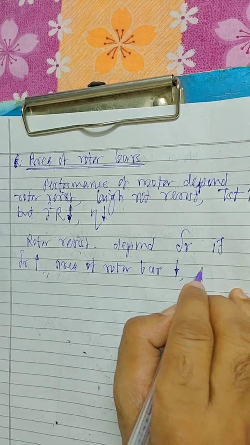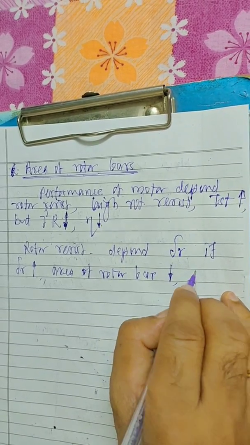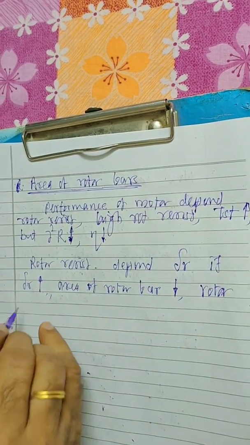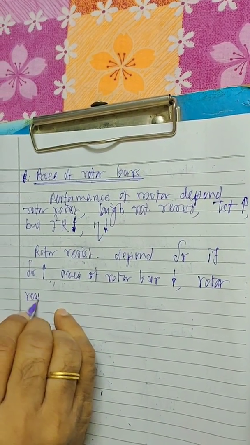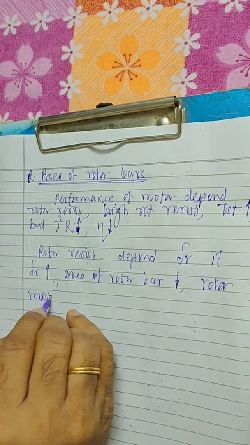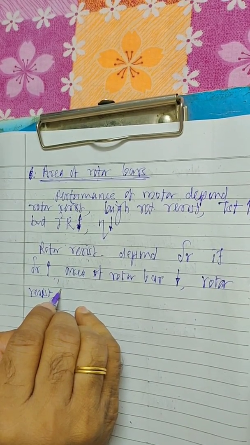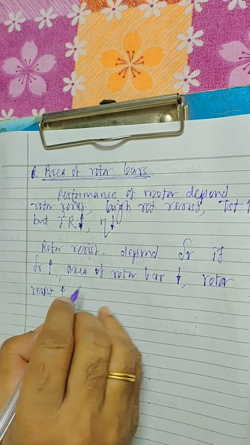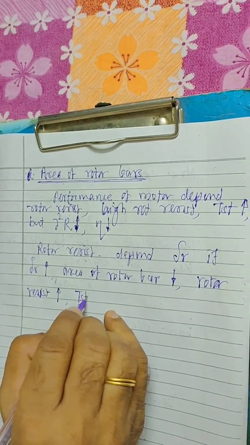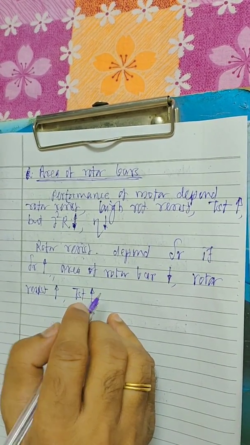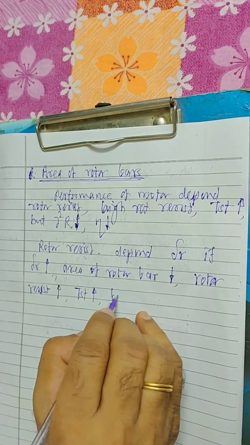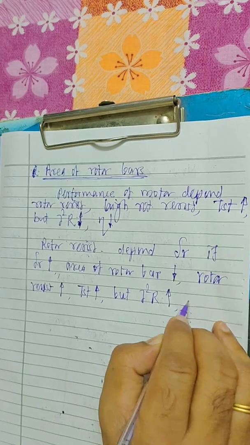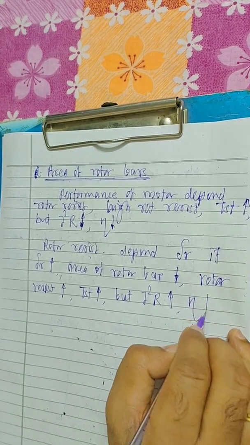Therefore rotor resistance increases. Therefore, starting torque of the motor increases. But I square R loss in the rotor increases and efficiency of the motor decreases.